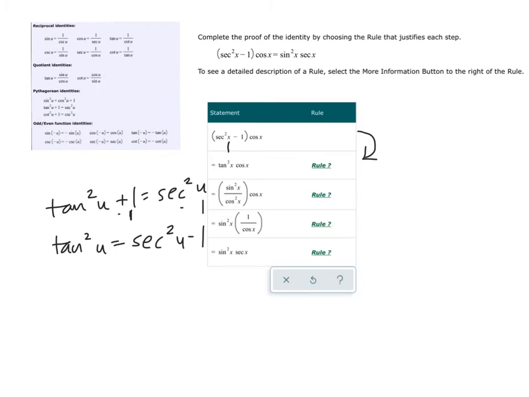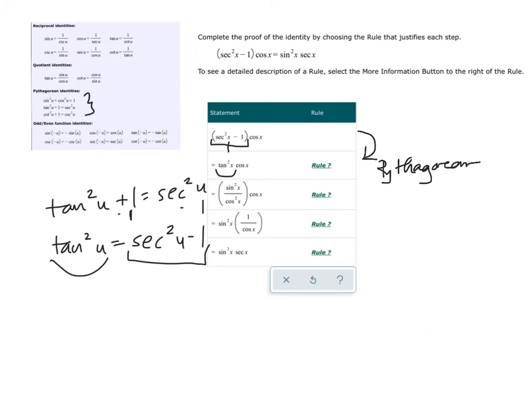So even though it wasn't necessarily here, we can manipulate these three things. So basically, that's how they got tangent, because this part equals tangent. So we know this first one is the Pythagorean rule.